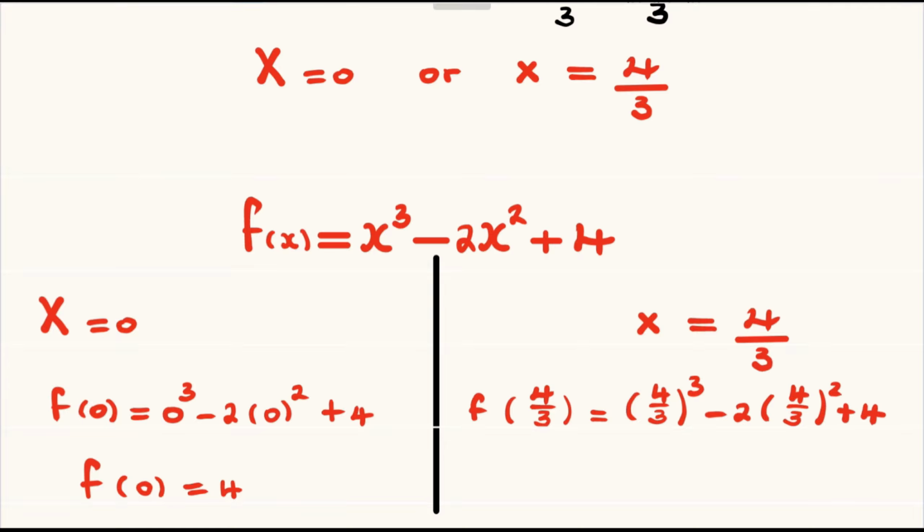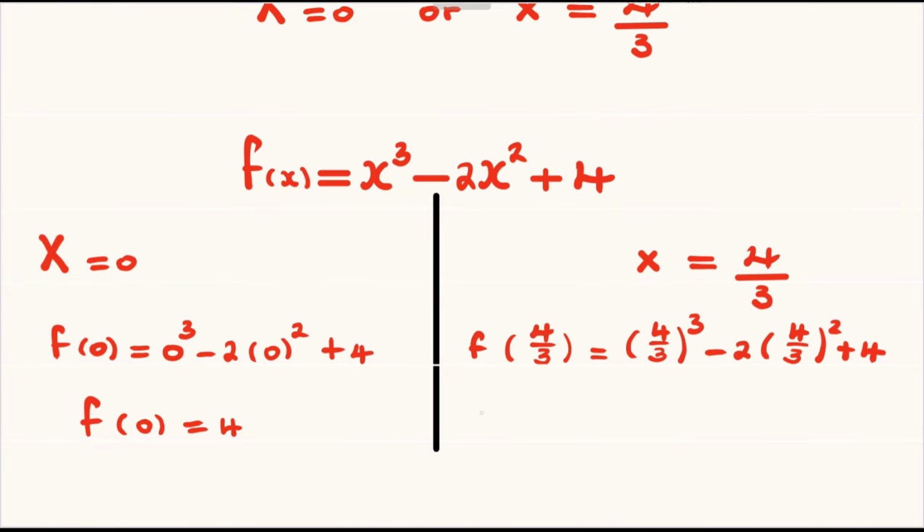So f of 4 over 3 is equal to 76 divided by 27, and in decimal form this is equal to 2,81.